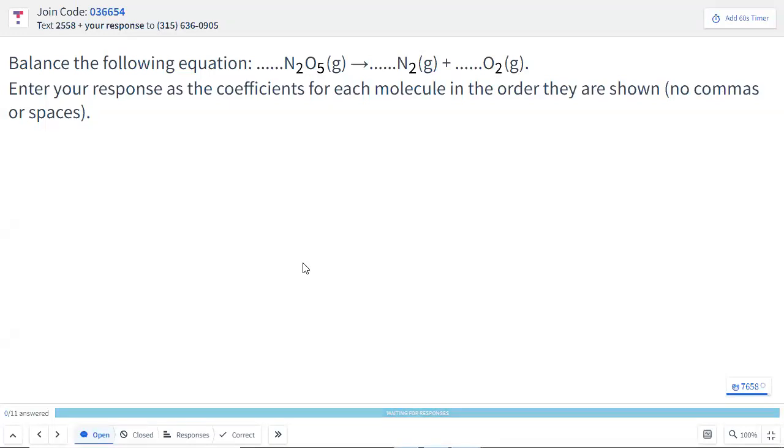Think of your answer here like a code. I want a 3-digit number telling me the 3 coefficients that go along with this equation in order. So if you come up with fractions here, you're going to have to convert the fractions into whole numbers to get the code right.